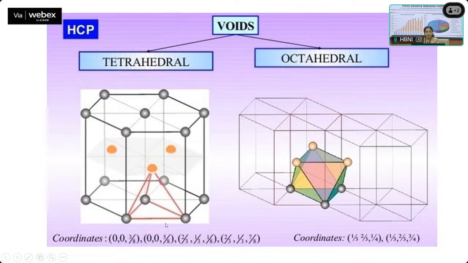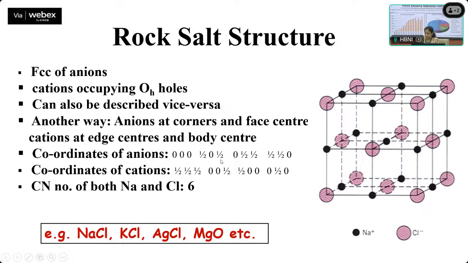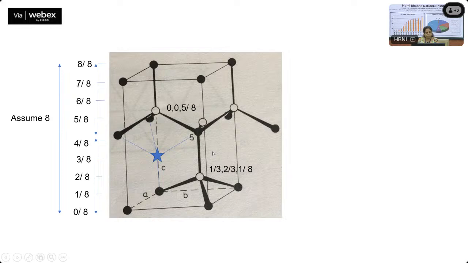I'll just show you one thing. Just look at the z axis here. For the octahedral hole it was easy because in terms of the z coordinate, it lies exactly between the two layers A and B. But in this case, your tetrahedral void has its center of gravity towards the basal plane.